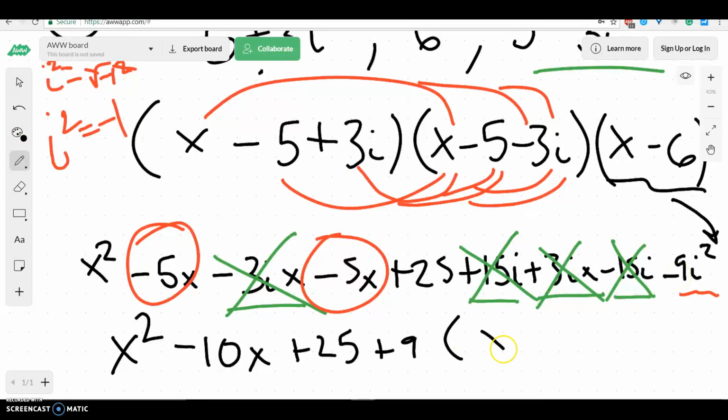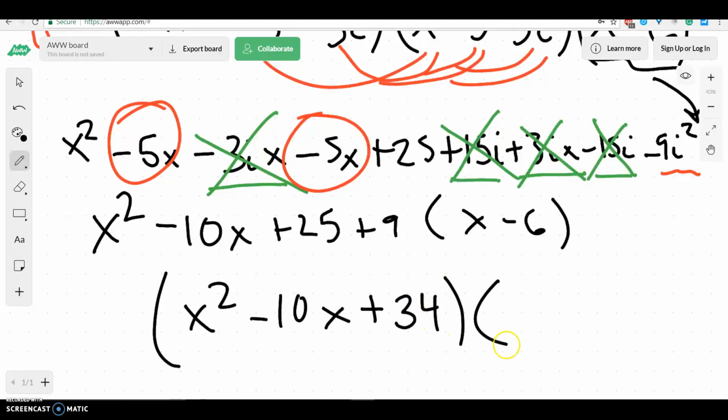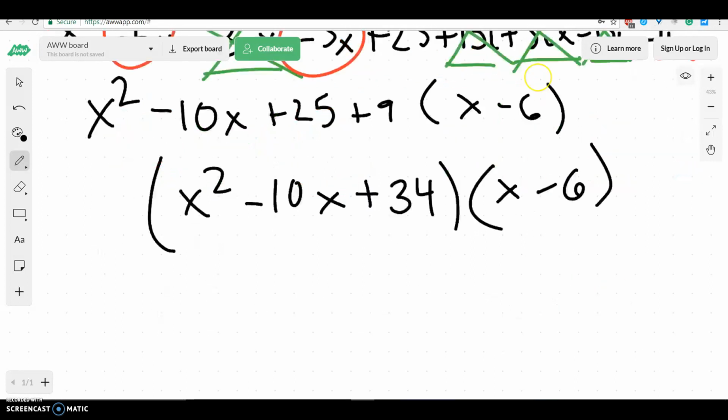And then we have x minus 6 right here. When we write this down, we're going to get x squared minus 10x plus 34. And then we're going to have to multiply this over here. When we multiply this over here, we're going to end up distributing.